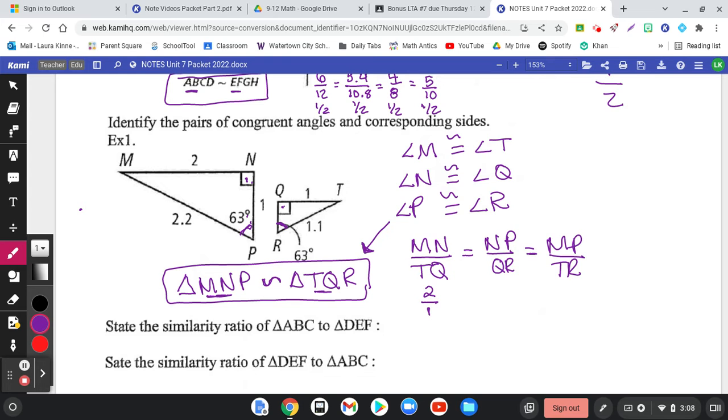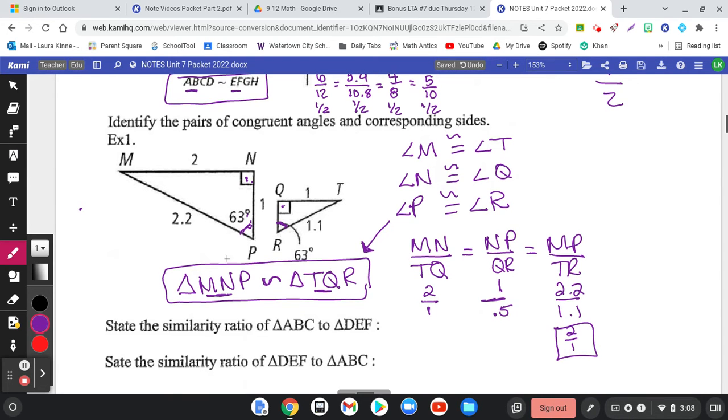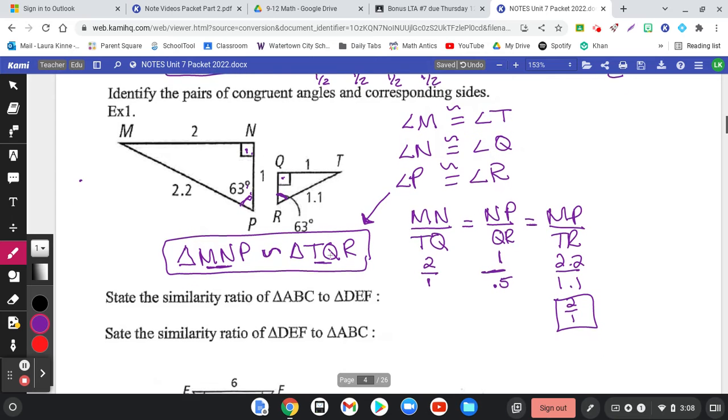Now, it gave us NP was 1 and MP is 2.2 over 1.1. If you divide those, you're going to get 2, or 2 over 1. But anyway, 2 over 1 is going to be your similarity ratio. It didn't ask for it, but I thought I'd point that out.